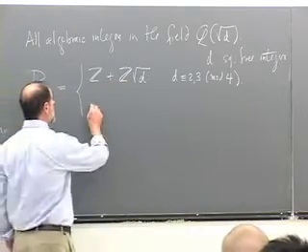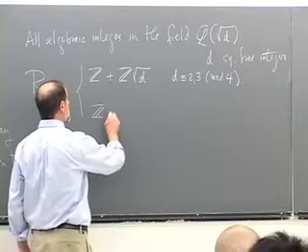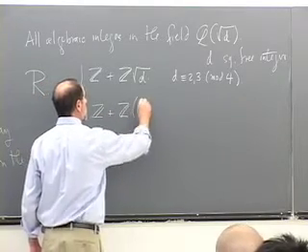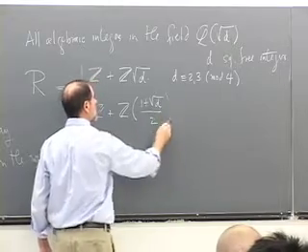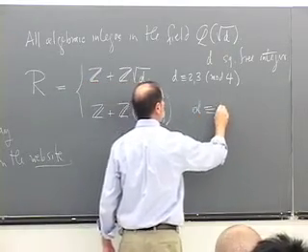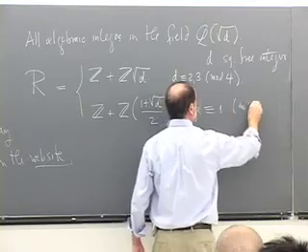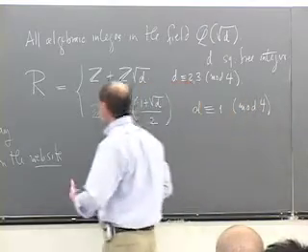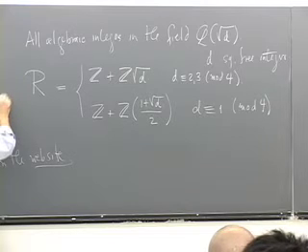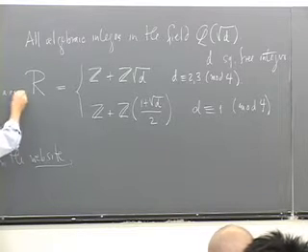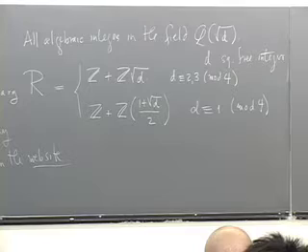You certainly got the integers and the multiples of square root of d, but you also got the multiples of (1 plus the square root of d) over 2. So in particular, the algebraic integers form a ring, and that ring is the ring we're going to study from now on.